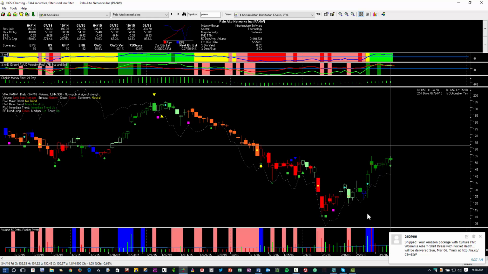I'm looking more and more at group direction rather than group rank, because that's much more important. That's how you catch these stocks that are starting to move. Now look at these numbers up here. If you look at the IBD numbers, they're going to be totally different than these.